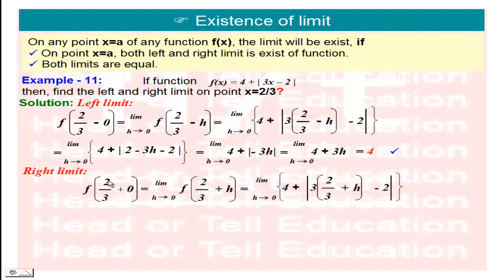Next, calculate the right limit. So f(2/3 plus 0) equals limit h tends to 0 of f(2/3 plus h). Here h is not equal to 0.